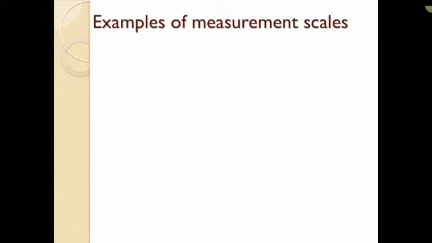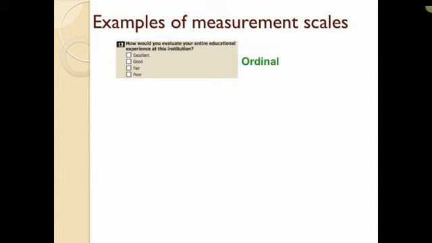Okay, let me give you a couple more examples of measurement scales. So from the National Study of Student Engagement that I referred to on the prior slide, here's an item that asks students to respond in terms of how they would evaluate their entire educational experience at their institution. And students are asked to respond according to this scale: excellent, good, fair, or poor. On what scale would that be?